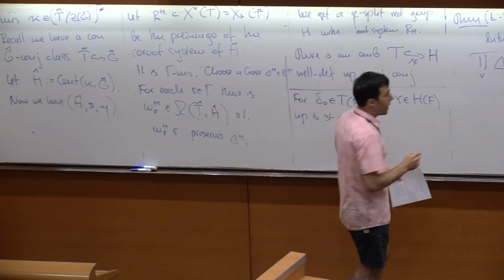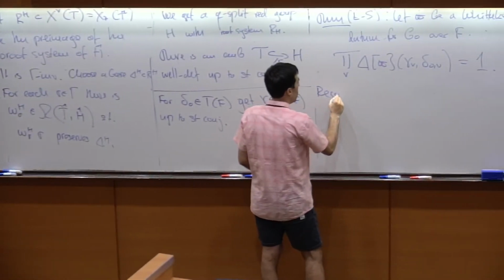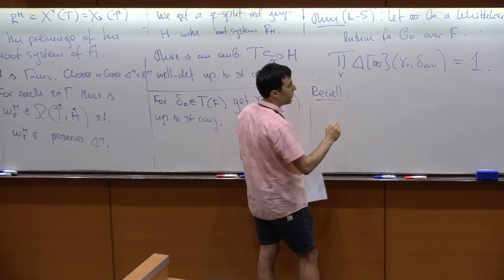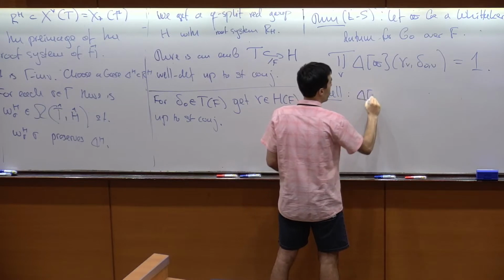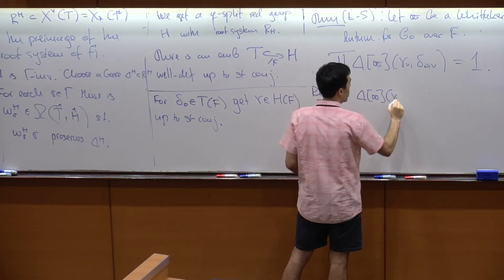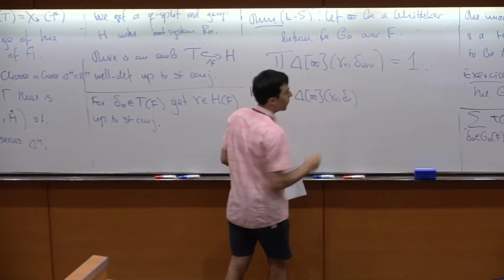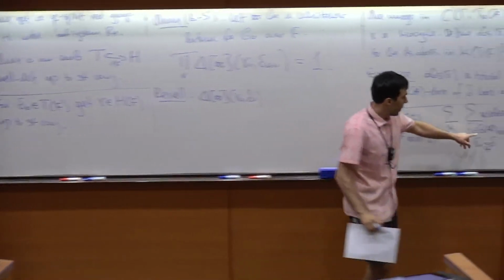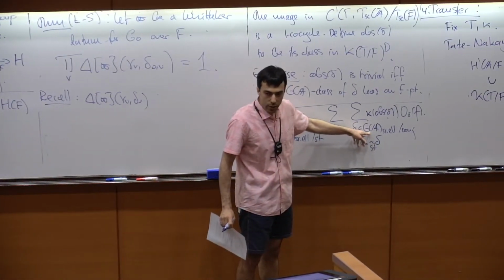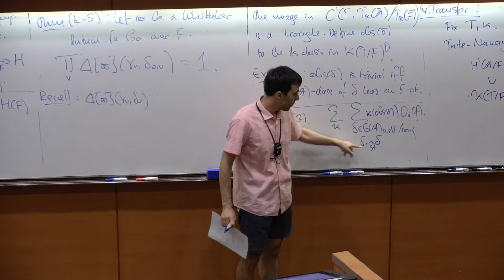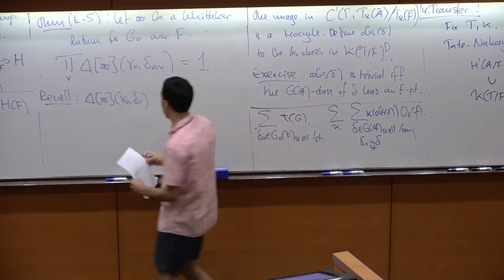Okay, so now we're going to recall the property of the transfer factor, Delta of W at gamma_v, delta_v, where now delta is the element in potentially the inner form G that is adelically stably conjugate to delta_0.